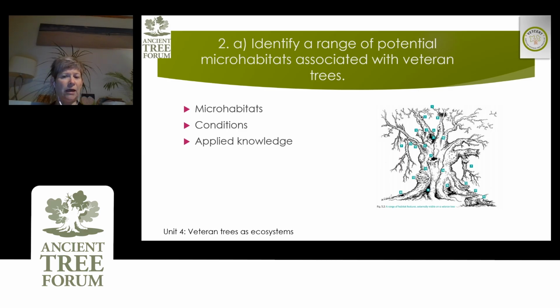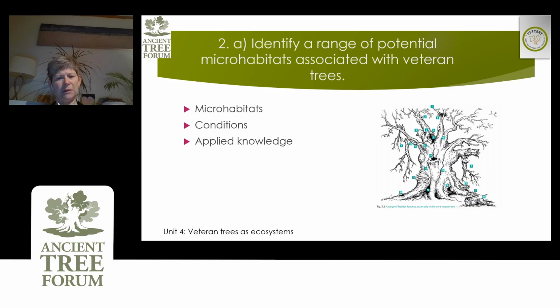So this is about applying your knowledge as well. So understanding that you've got broken branches that are in the sun or in the shade, and that you can understand and identify those, that a sap run can be wet to sticky or dry, and that different species use those different sorts of conditions.